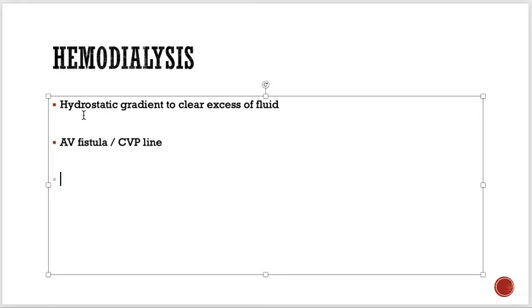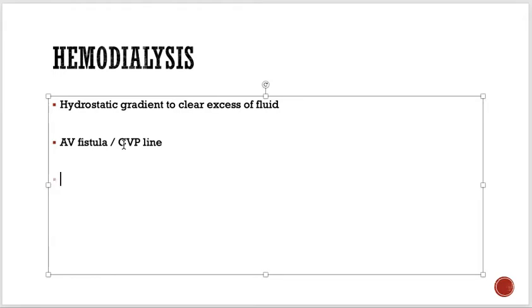When there is an AV fistula, of course, there is increased blood flow through that. So that's the main point. So we refer the patient to make that fistula.